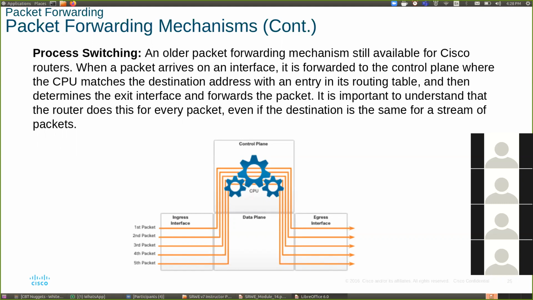It is important to understand that the router does this for every packet. The problem here is that the router will do this process for every packet, no matter how many times that packet arrives on that router. If any packet arrives, the router is going to forward that packet to the control plane and consult the routing table as to where to send it on the exit interface.